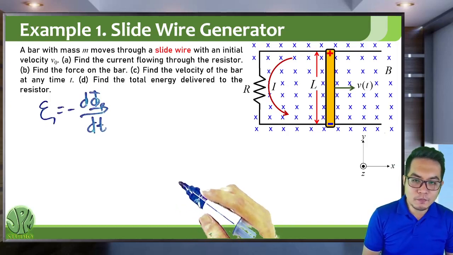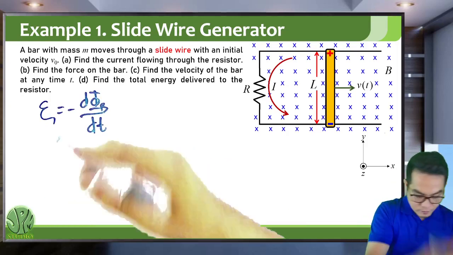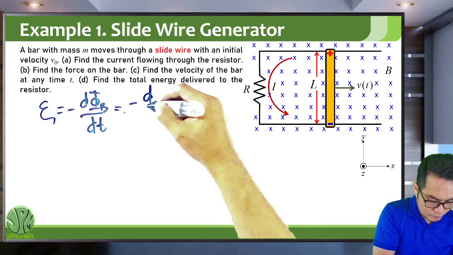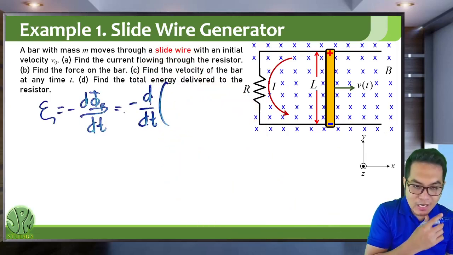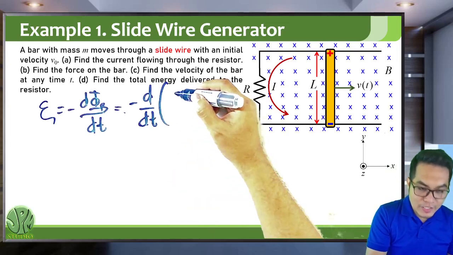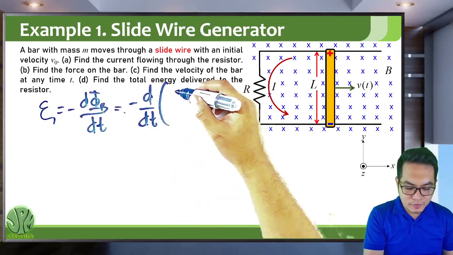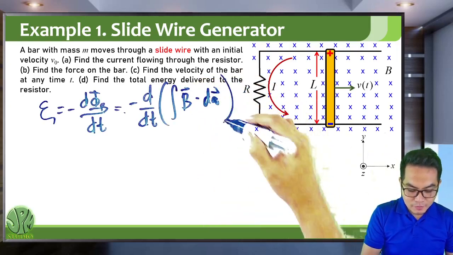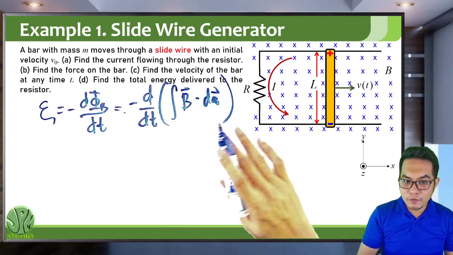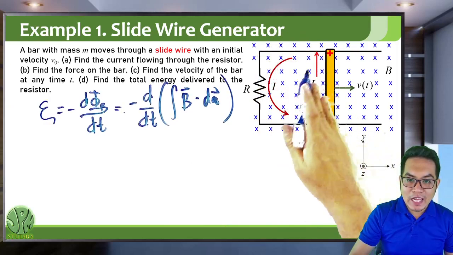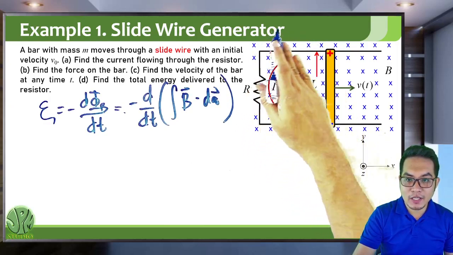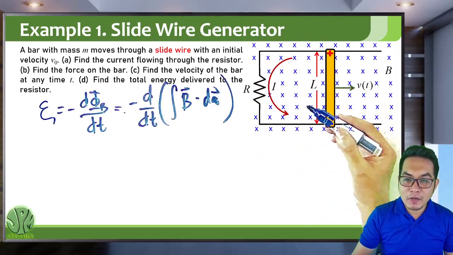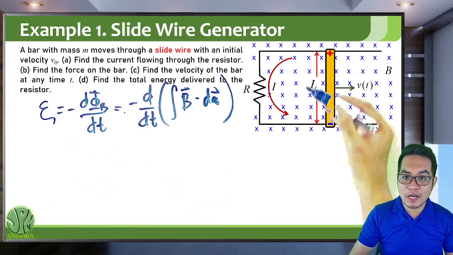So in this case, our flux is just the integral of B dot dA, and B is actually uniform at all points in the area of the loop. In the area of this loop, the magnetic field has the same value at all points in the loop.